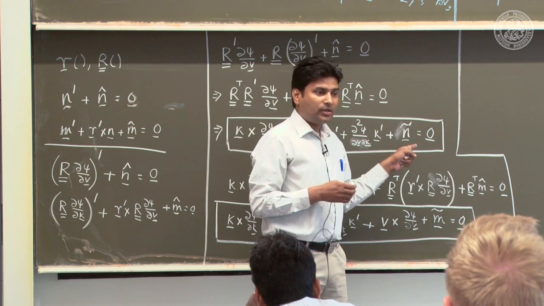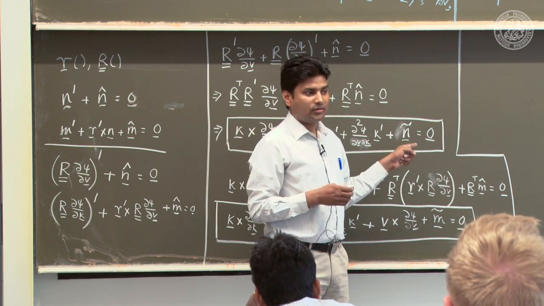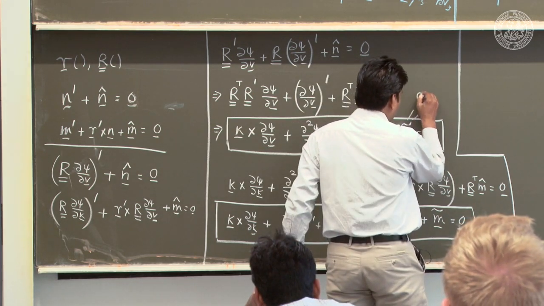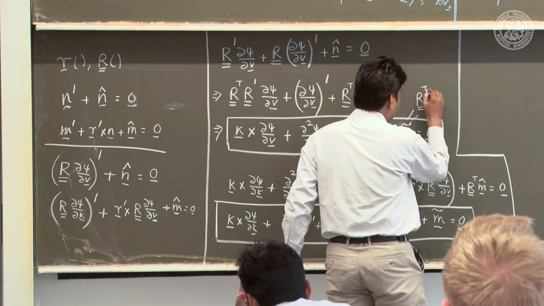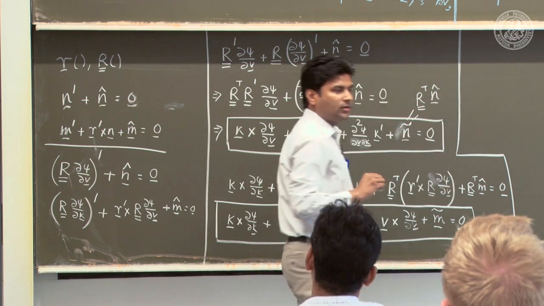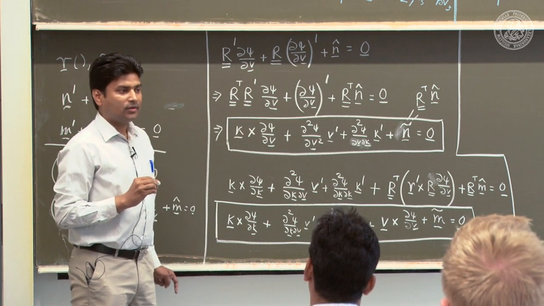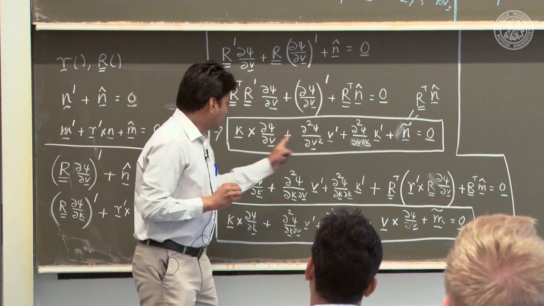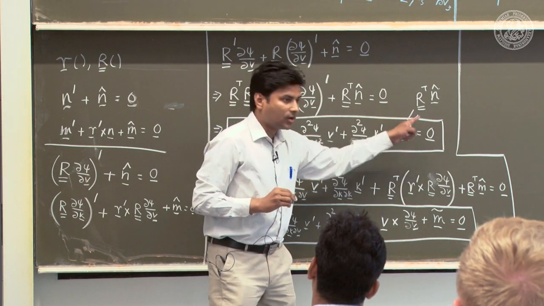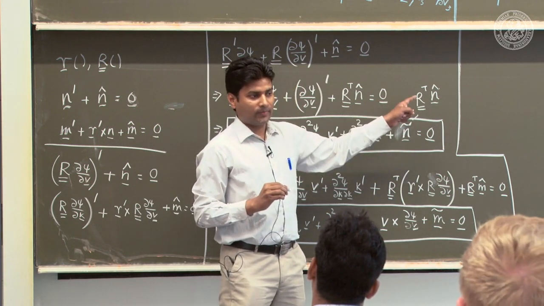So, here that big R is going to sneak in. This n tilde is actually big R transpose n hat, right. So, everything here is in terms of v and k, but over here you have a big R also showing up.